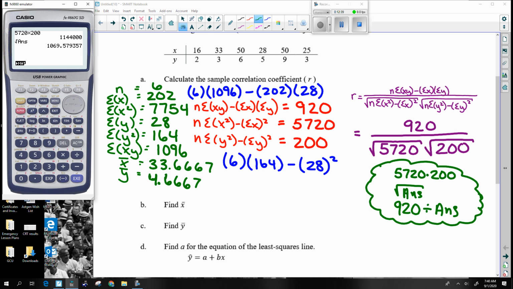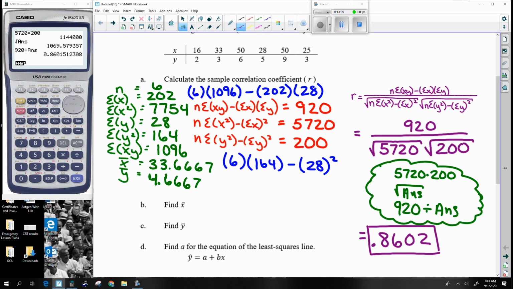Now I take the numerator divided by my denominator. This answer is 100% of the time going to be a number smaller than 1. It's always going to be a decimal. And that's the process.